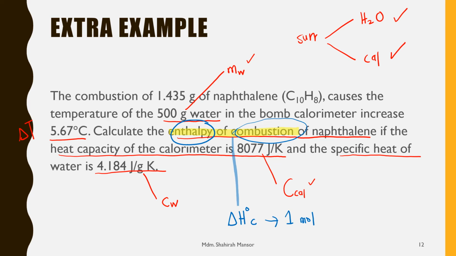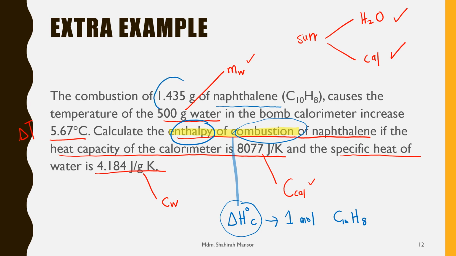That is energy released when 1 mole of substance is burned in excess oxygen. So, siapa yang kita bakar dalam eksperimen ini? Kita bakar naphthalene, C10H8. So, enthalpy of combustion yang ditanya dalam soalan ini merujuk kepada nilai energi ataupun heat untuk 1 mol naphthalene yang kita bakar.